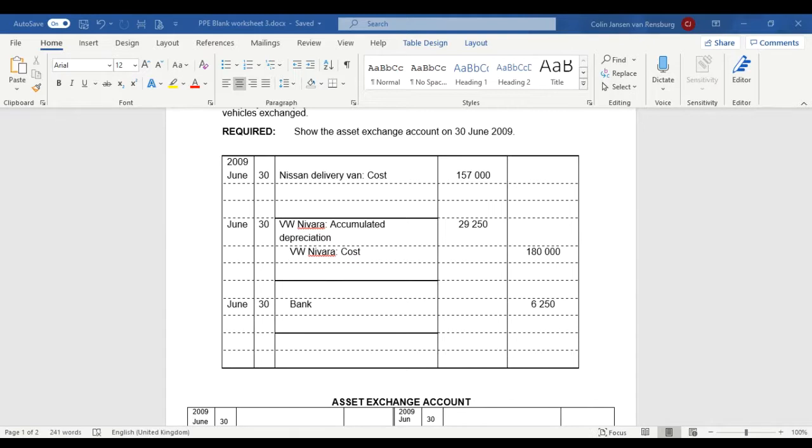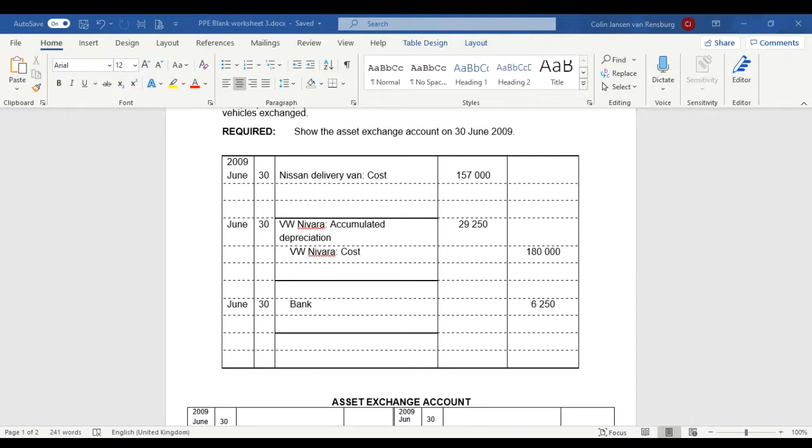So a suspense account is an account that is waiting for something to happen, and once that something has happened, that account ceases to exist. So it's basically a temporary account. It is just there for the duration and for the purpose of the exchange. So it doesn't start with any opening balance. It doesn't end with a closing balance. It merely exists for the exchange of the assets.